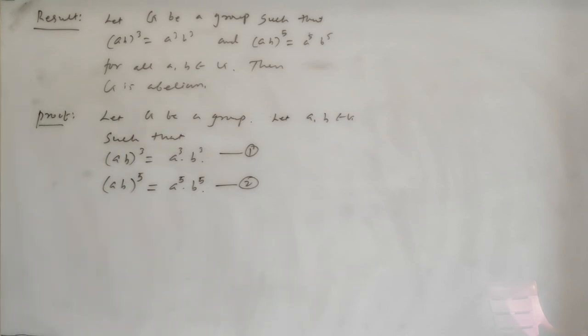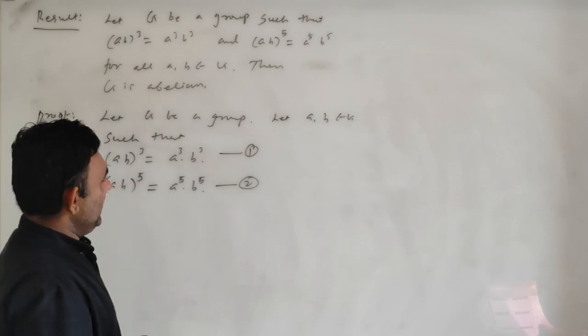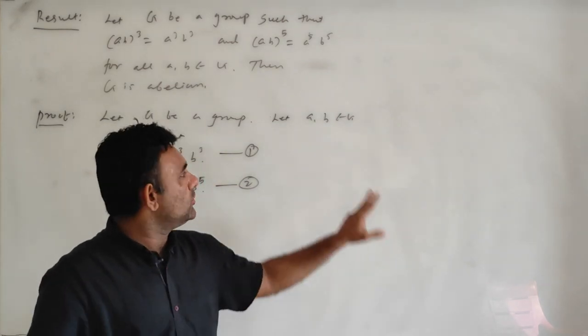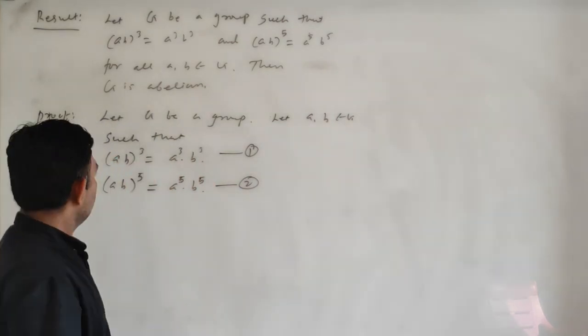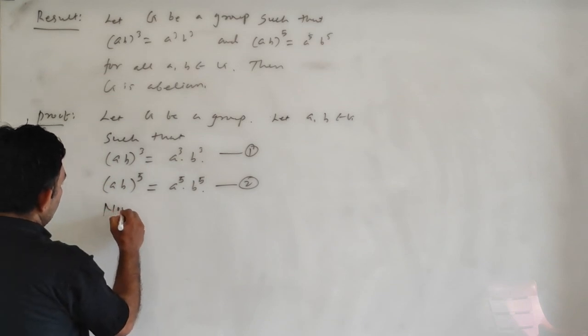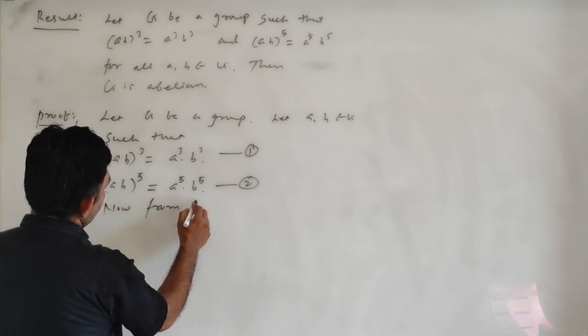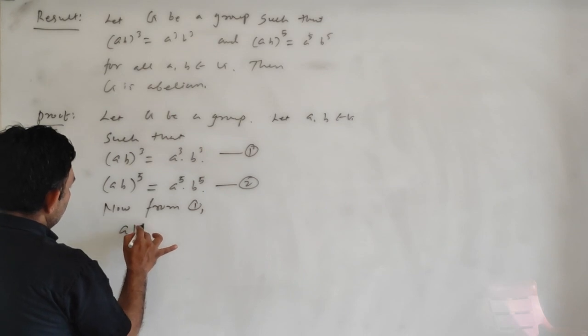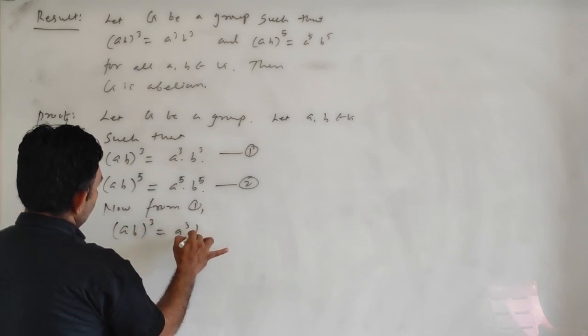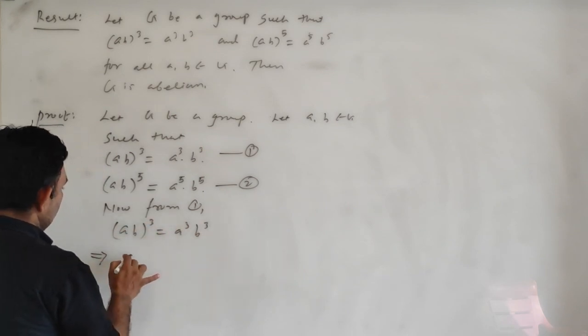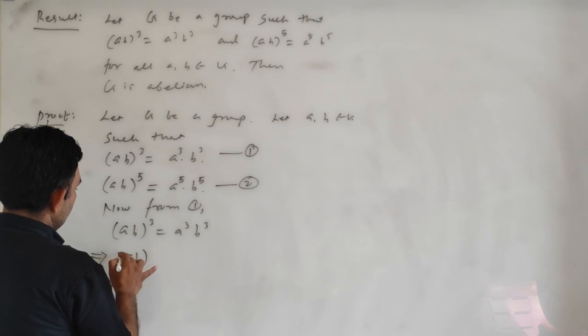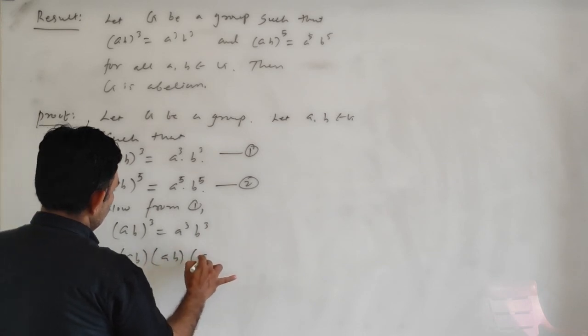Okay, so now let us see what happened. If we prove that AB equals BA, then we are done, because A and B are any two elements. So now from 1, (AB)^3 is equal to A^3 B^3.